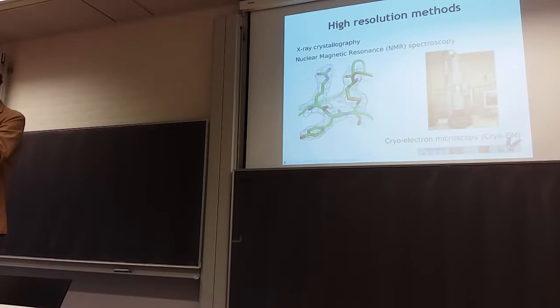So you can measure with some accuracy, sometimes a lot if you're lucky, angles and distances, and then you can model the structure from that. So that's quite indirect. It works well. You get very high resolution data. This is quite direct, but it's also not easy.